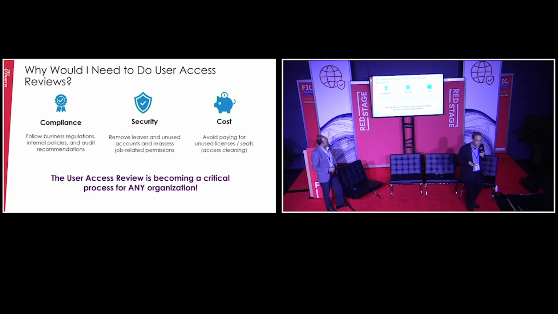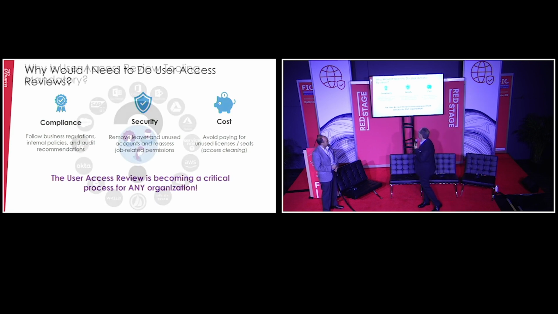And you know what? The lower the data quality, the higher the cost. So running user access review is also a way to improve your data quality posture and therefore save cost, because it can help you identify all those accounts or access rights that are no longer used, and you can remove them and thereby improve the global cost.